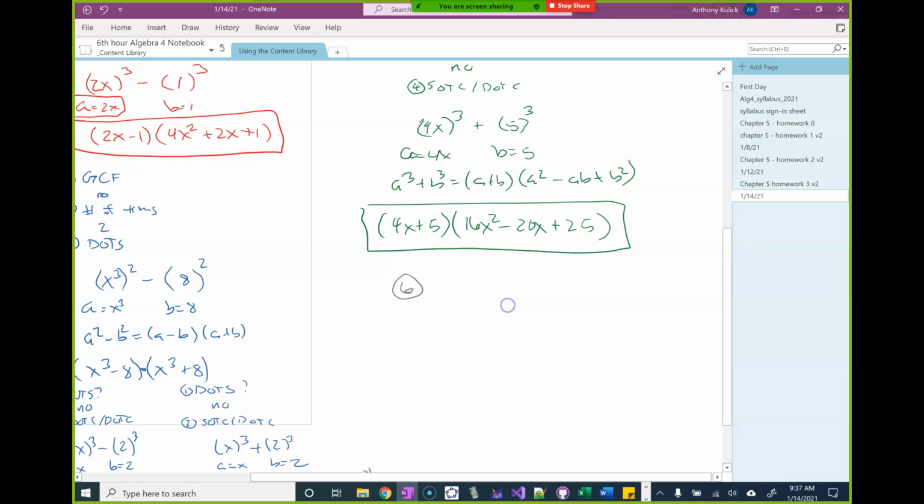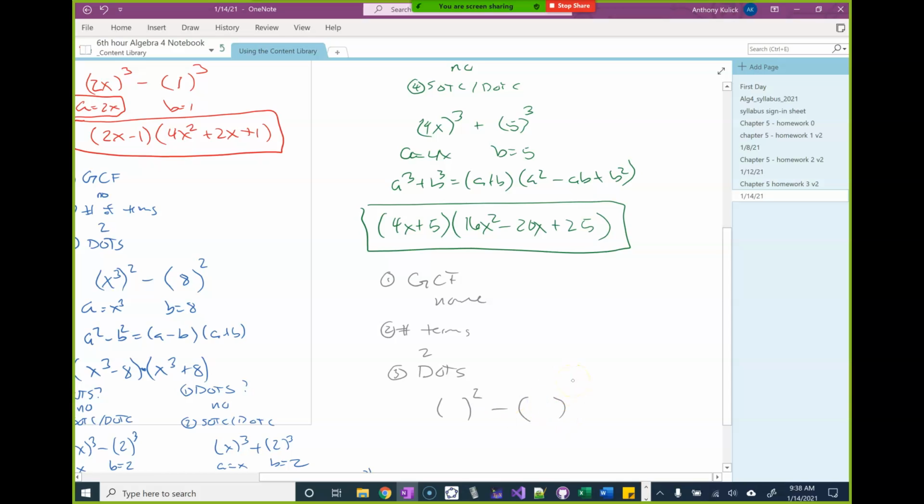All right, so number 6. Again, it's easy to notice there's no greatest common factor, because one of the terms is 1. So I look at this and I know that we have two terms. The first thing we look for is a sum or difference of two squares, which we have, or at least potentially, because we have an exponent and then a minus sign.